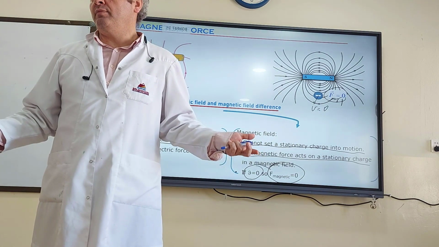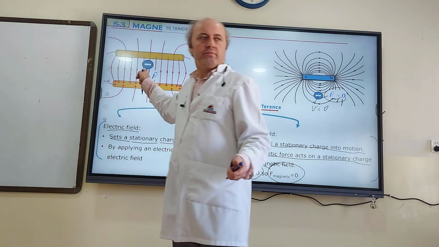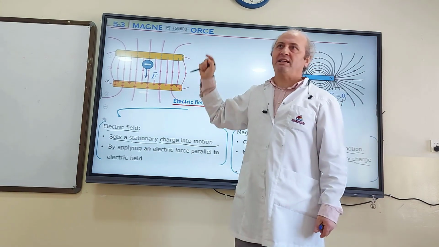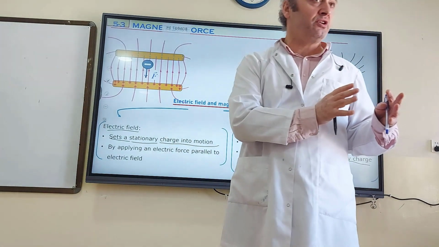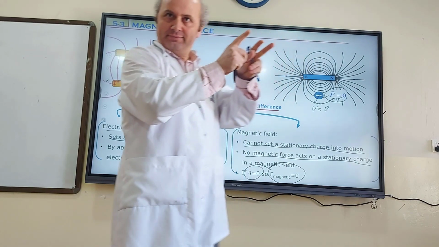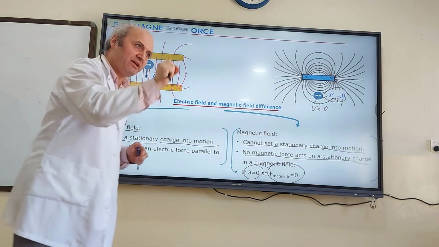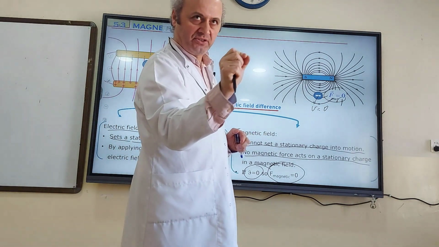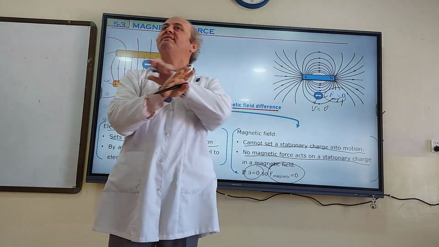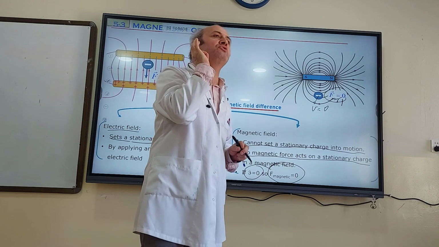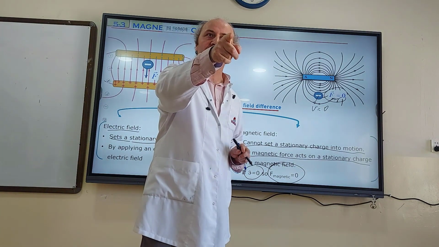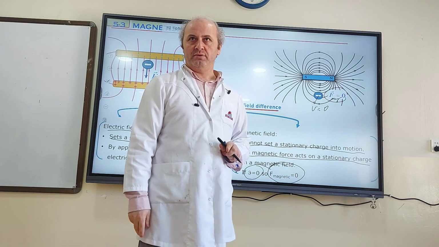But what do you have to do? Use electric field. Electric field will start the motion of the charge. So the first thing we have to know was this: if you put a charge inside a magnetic field at rest, this magnetic field cannot start the motion of the charge. Only electric field can. This is a mystery exam question.